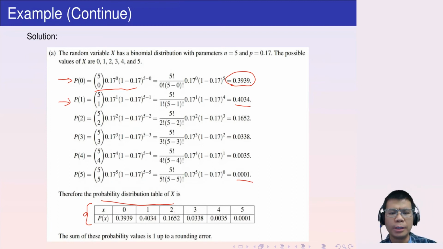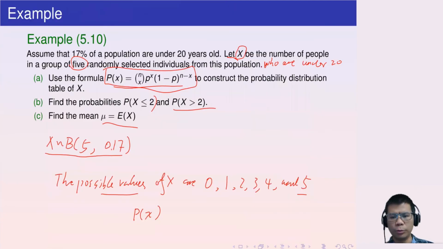This is part A. So we verified that this is a binomial distribution with parameters n and p is 0.17, possible values from 0 to 5, and we found all these probability values. Then we constructed the probability distribution table.